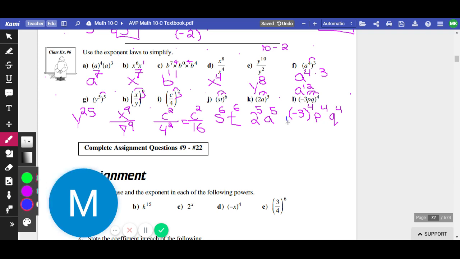If you evaluate this, so calculated it, and you use brackets, you should get 81. So the final answer for this question would probably be 81 p to the 4 q to the 4.